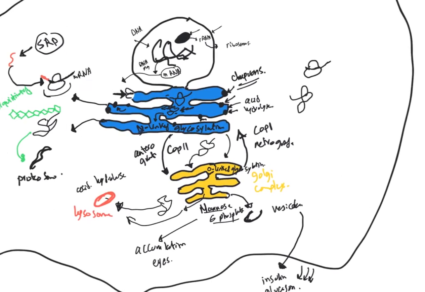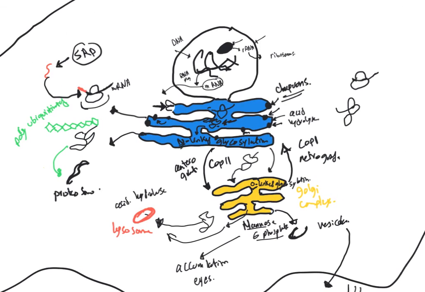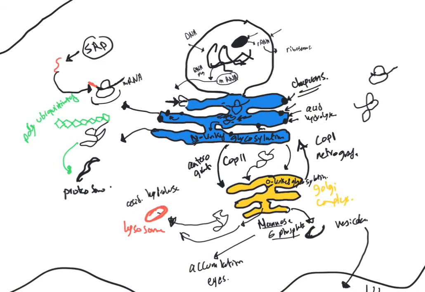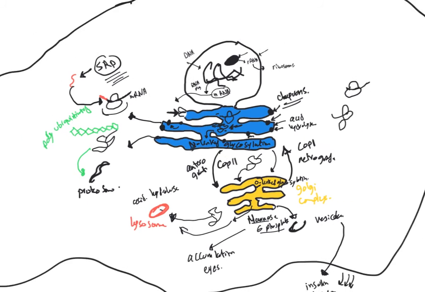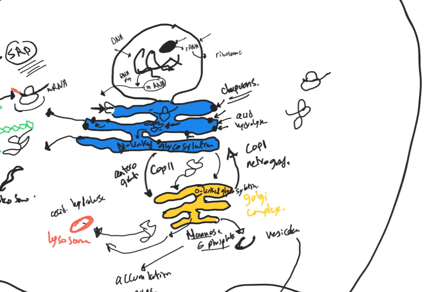Now back to the first step. As I mentioned, there is a signal which is called SRP, recognized by the endoplasmic reticulum. What if there was no signal and the ribosome started translating the mRNA? Then in this case, it will follow the non-secretory pathway.